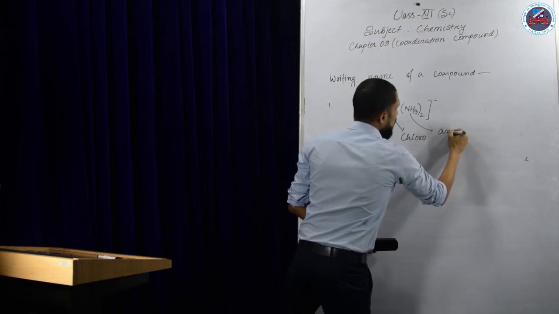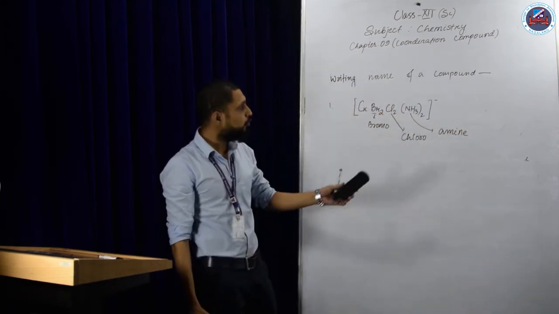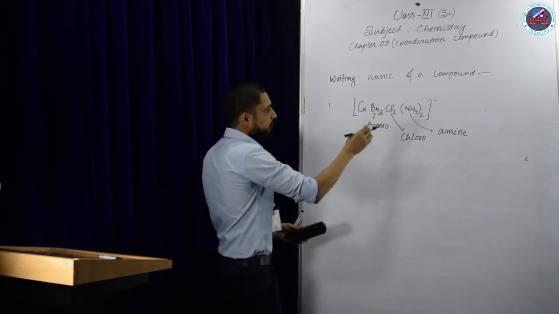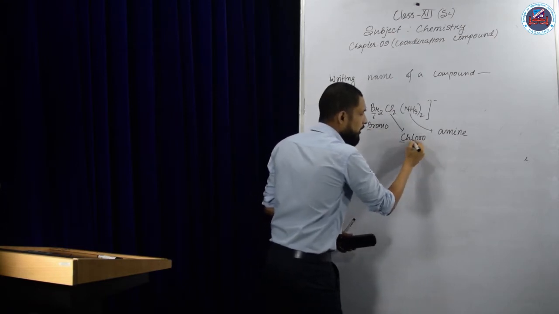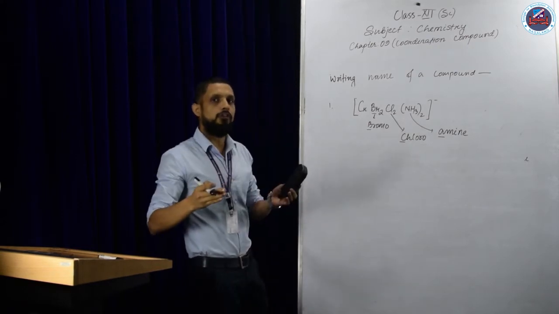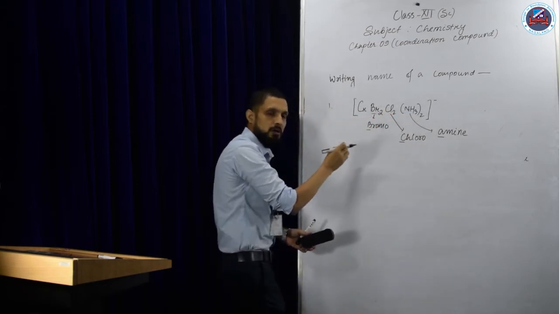NH3 is ammine. First you have to write the names of the ligands in alphabetical order. Alphabetically, bromo starts with B, chloro starts with C, ammine starts with A. So in alphabetical order, A will come first, so we'll start with ammine.